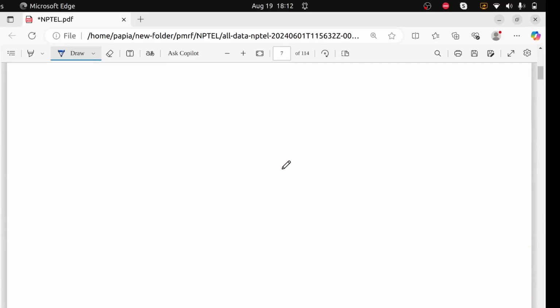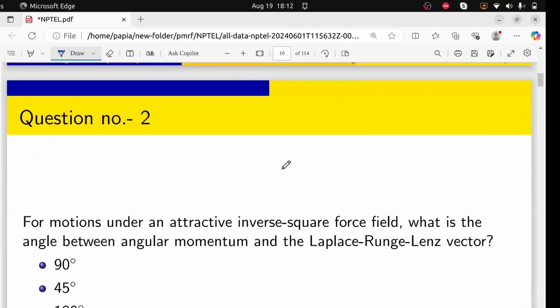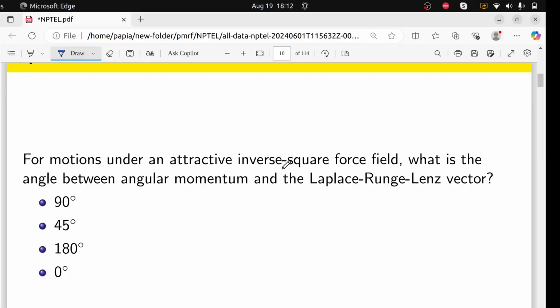Now coming to the second question. For motions under an attractive inverse square force field, what is the angle between angular momentum and the Laplace-Runge-Lenz vector? So first of all, what is the Laplace-Runge-Lenz vector, so that we can understand what the answer for this question will be.